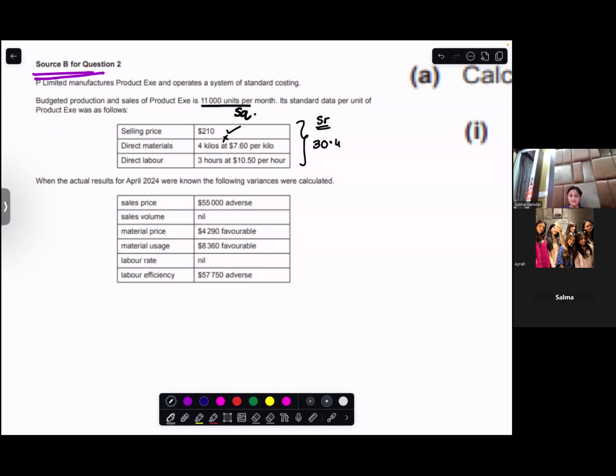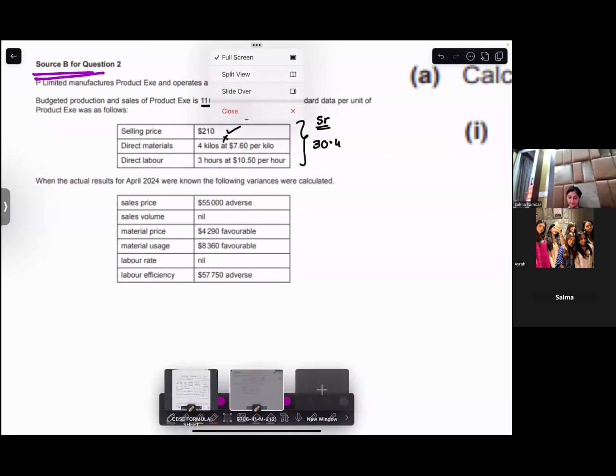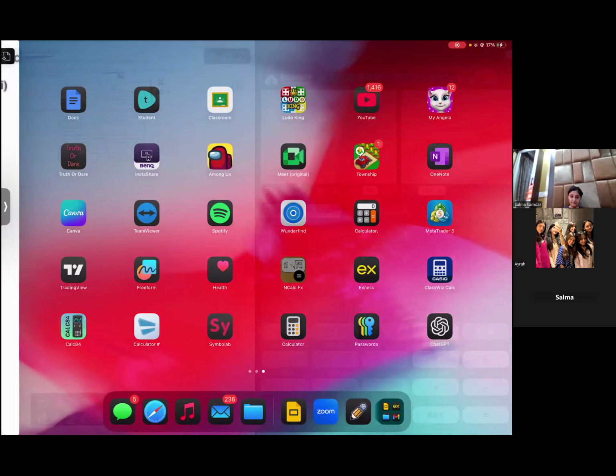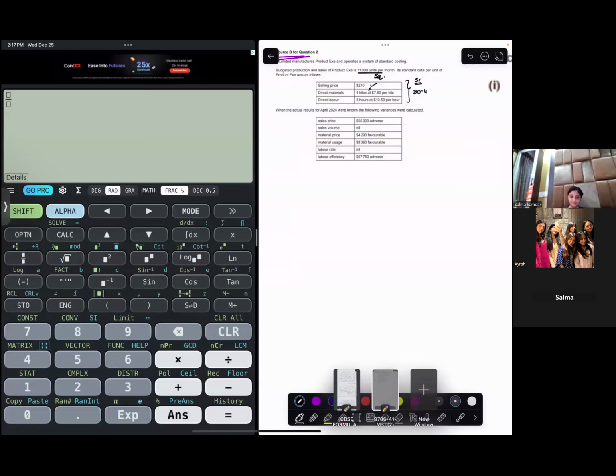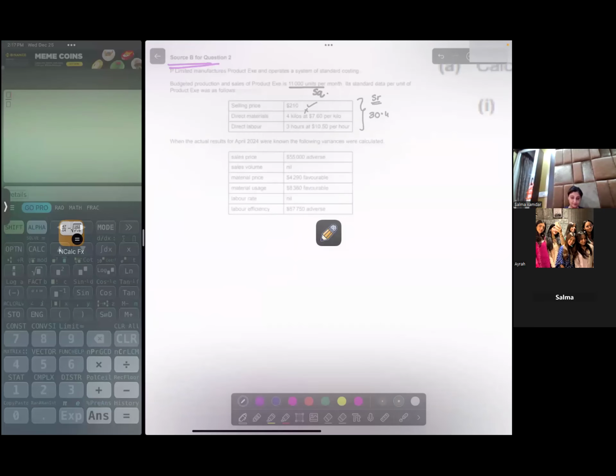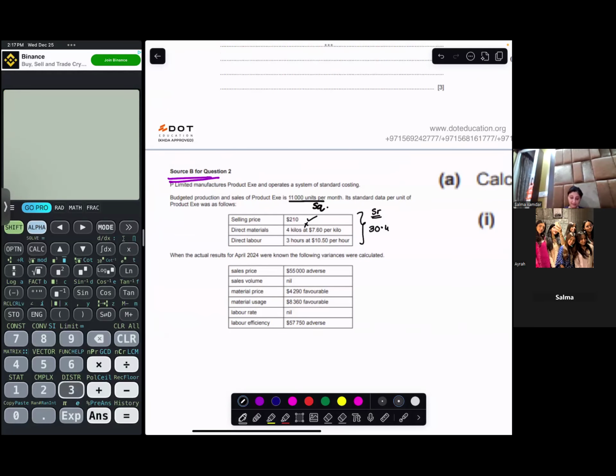And can you give me the standard rate for direct labor? It'll be 10.5 into 3, 31.5. Very good.